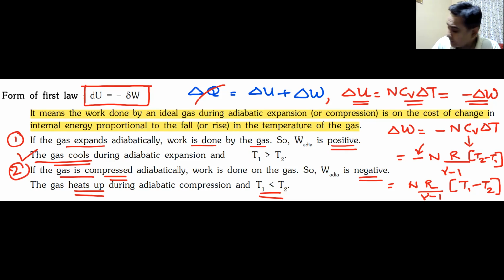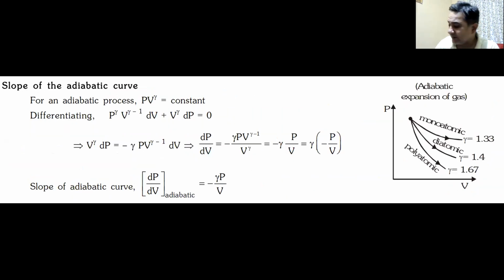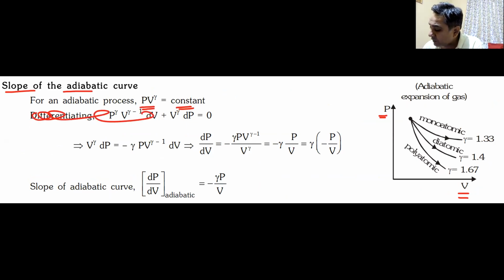Then what is next is this PV graph, the PV graph for an adiabatic process. Now the adiabatic process is PV raised to the power gamma equals constant. We don't have to understand this.